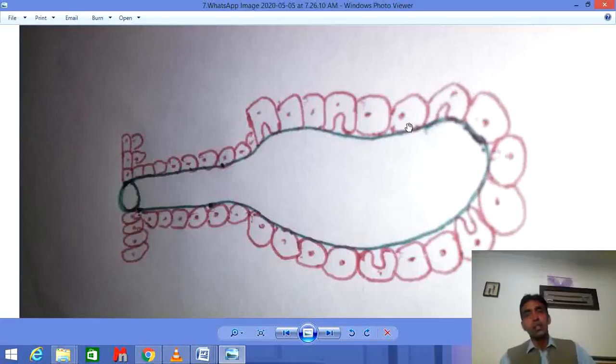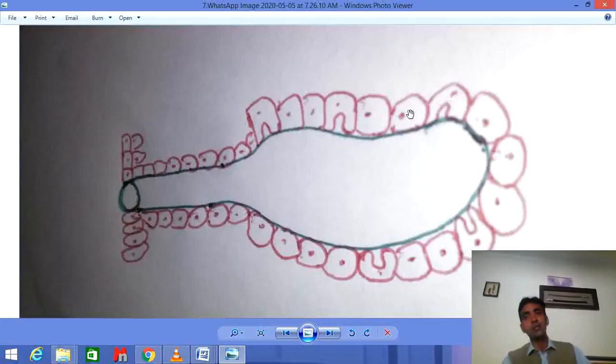The G cell secretes the gastrin on this side, directly to the blood capillaries, and by absorption into the blood it goes and activates the parietal cell to secrete HCl.